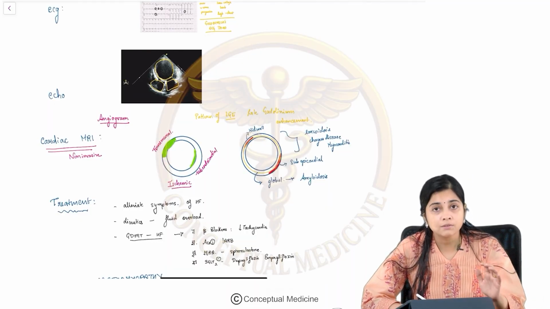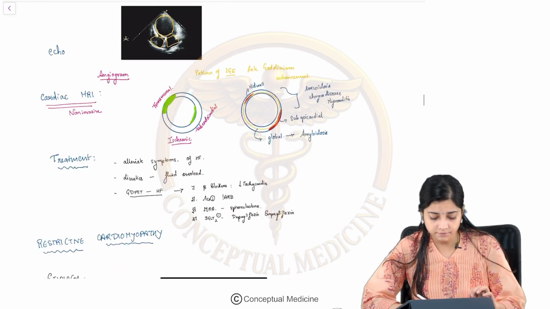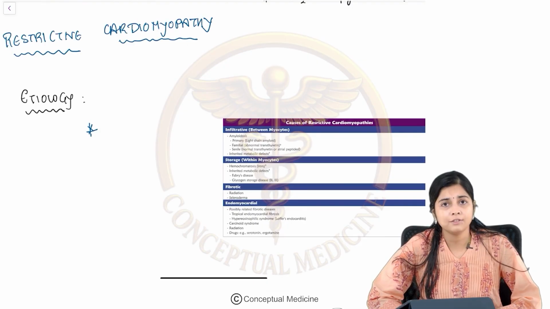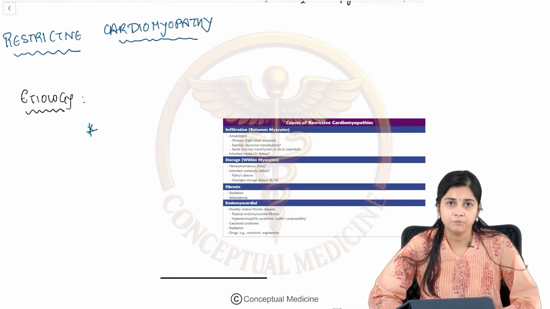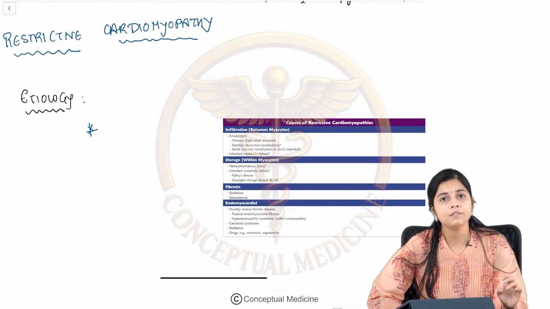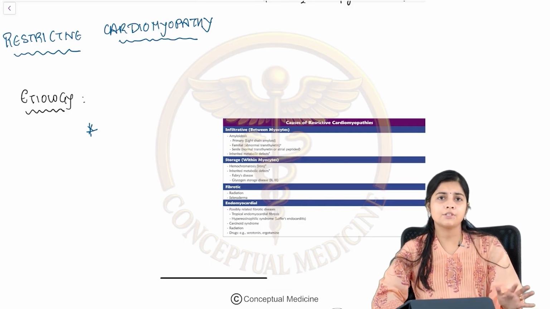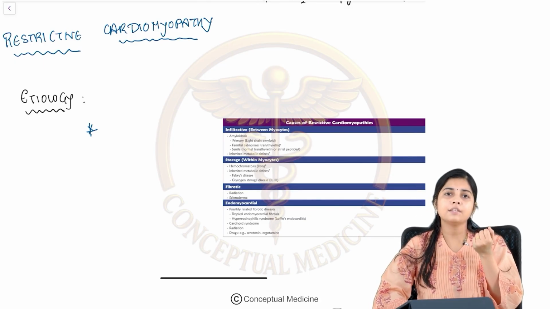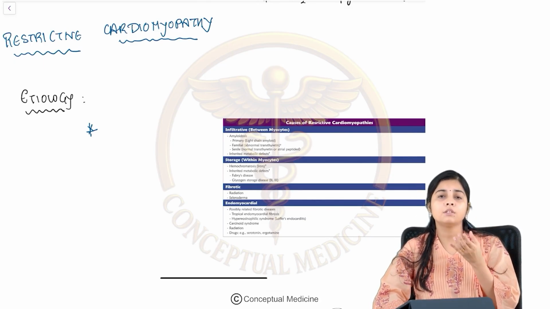Okay, now let us look into the next group of disorders, which is your restrictive cardiomyopathies. So restrictive cardiomyopathy, as I had mentioned before, is a group of disorders which are characterized by infiltration into the ventricles. So when there is an infiltration into the ventricles, they become very stiff and non-compliant.